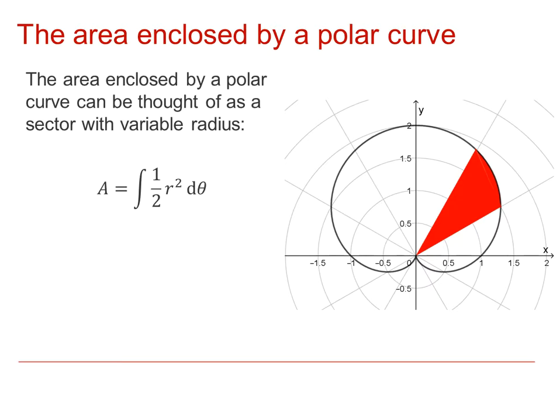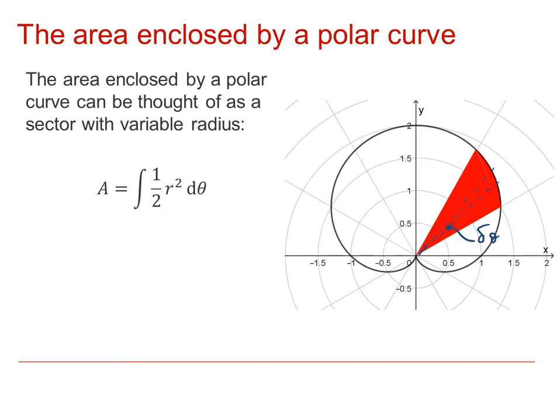This example here shows that we can consider this area that's shaded in red as being a sector where the radius is variable. But if we consider a small element of that, where we've got a very small angle, let's call it delta theta, then the radius is constant, or can be thought of as being constant, on that small change in angle.